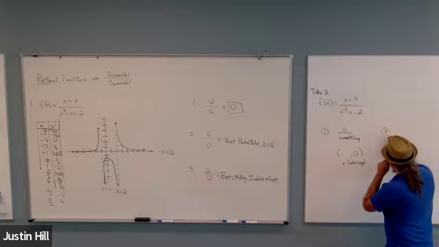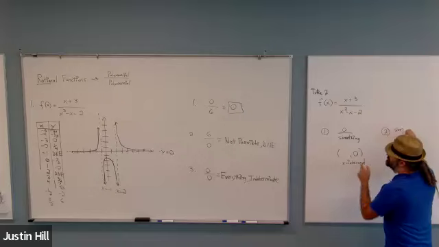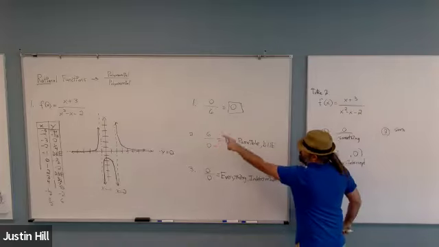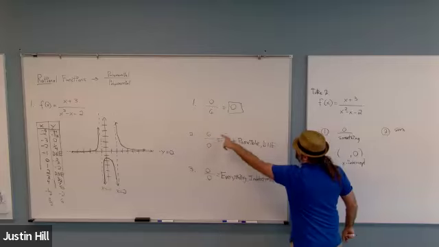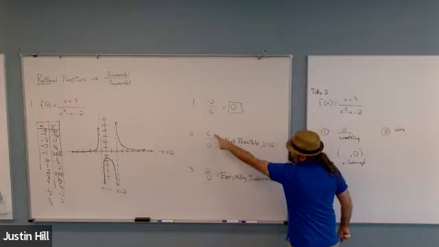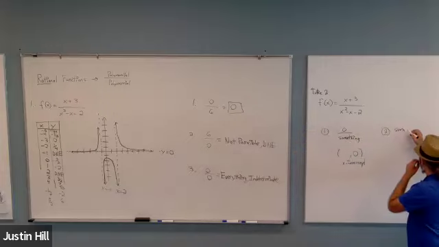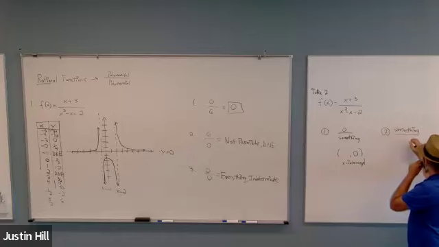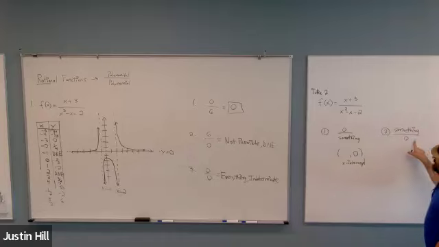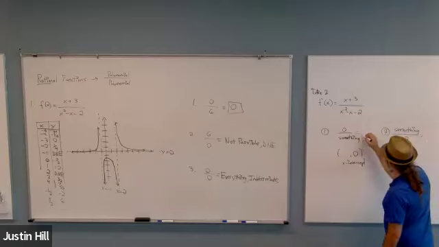The second scenario I gave you guys was that I plug in something for x, just like you did when you were doing the table, and it made the top something, but more importantly, it made the bottom zero. Something divided by zero.